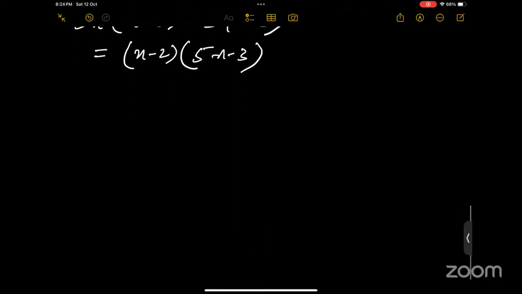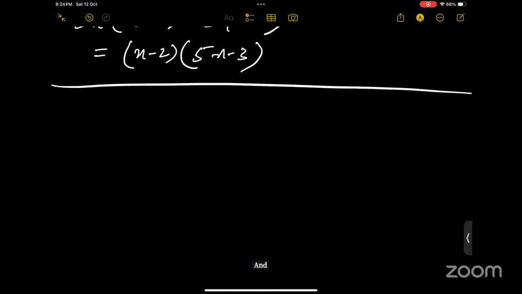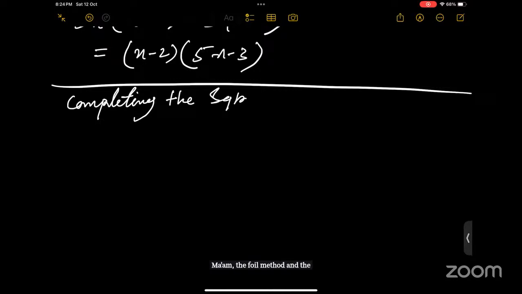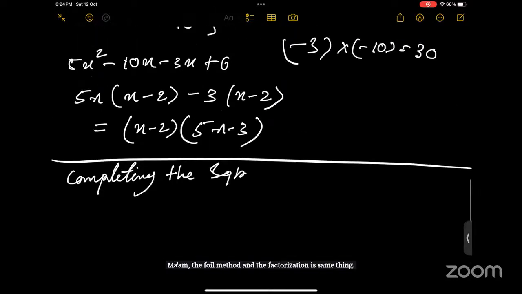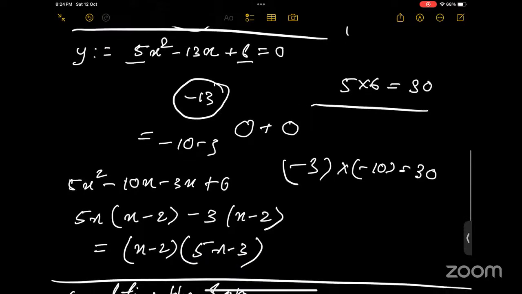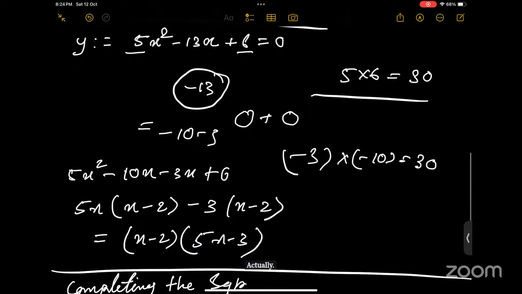So this was one method, and second method we had completing the square, right? Ma'am, the FOIL method and the factorization is same thing. Actually, factorization means what?